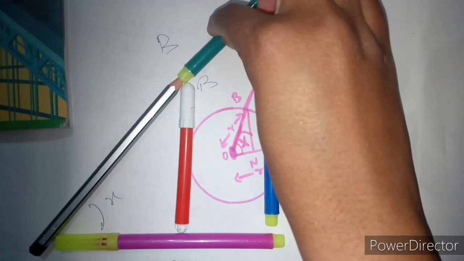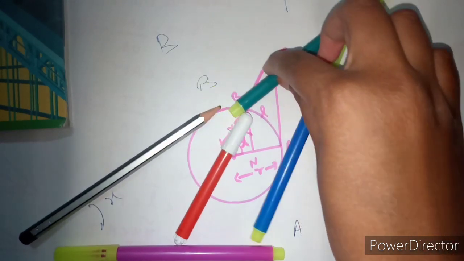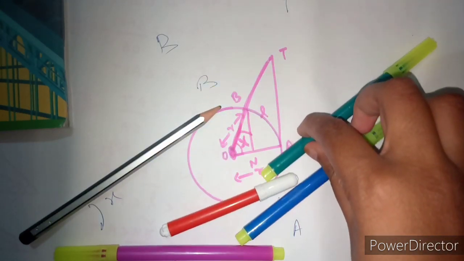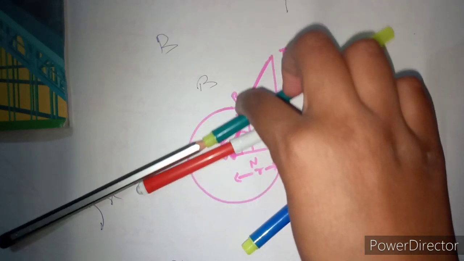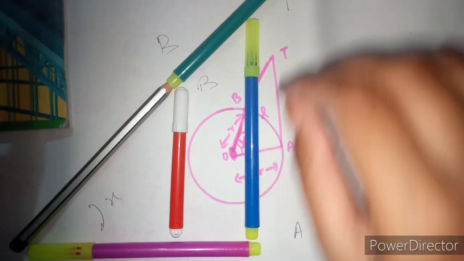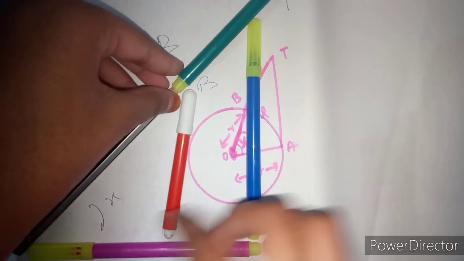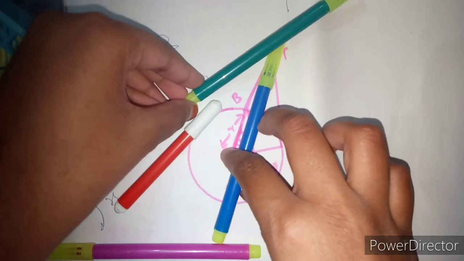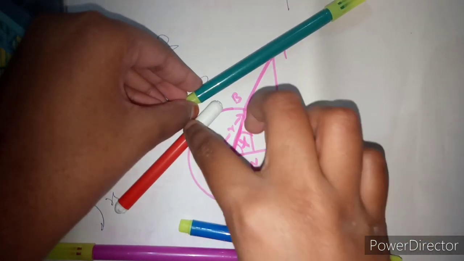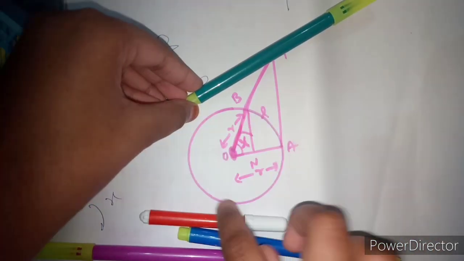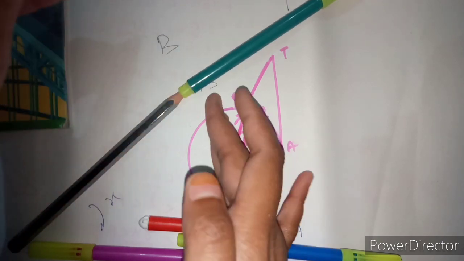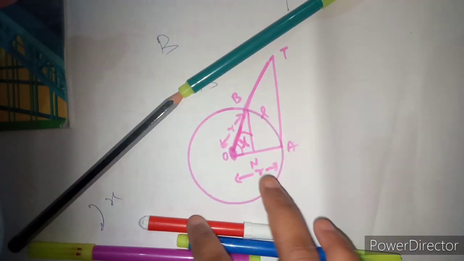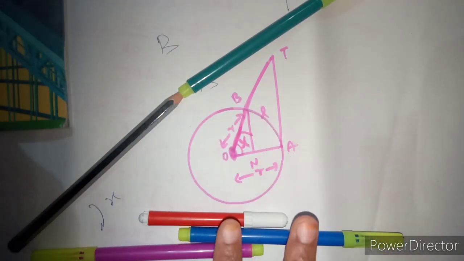If this is approaching the origin, what will these two lines do? If our x is approaching 0, the origin, these two lines will also approach 0, okay? These two lines will also approach 0 and the length of these two lines will also become equal, right?